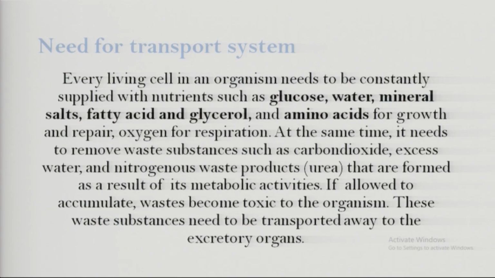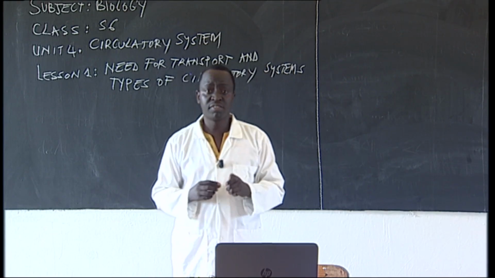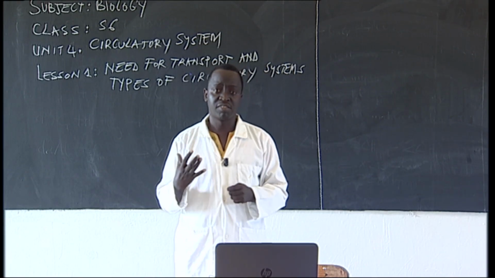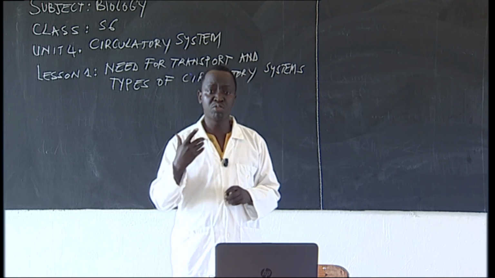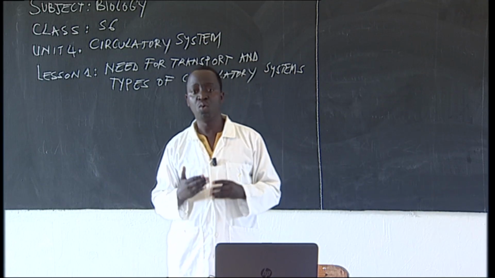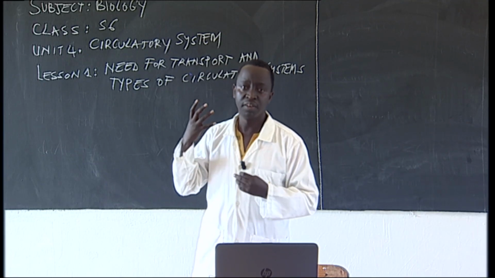As I have mentioned on the screen, every living cell needs glucose. What is the role of glucose in our body? Glucose helps us to get energy. When it is broken down, it releases the energy we need in our daily life.